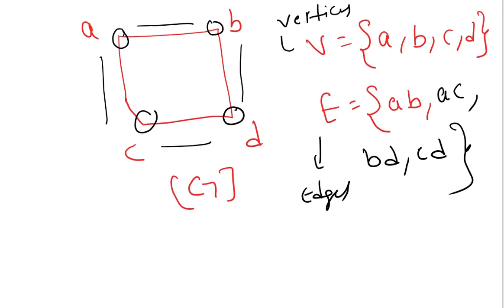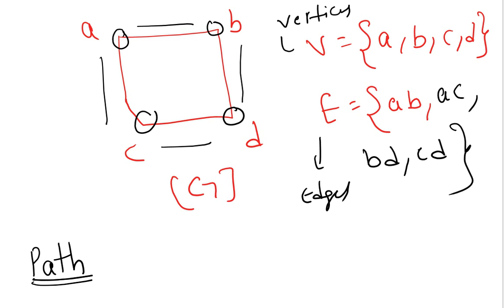Now let me introduce one more term: path. What is the path from A to D? What are the paths we have from A to D? How many paths do we have?